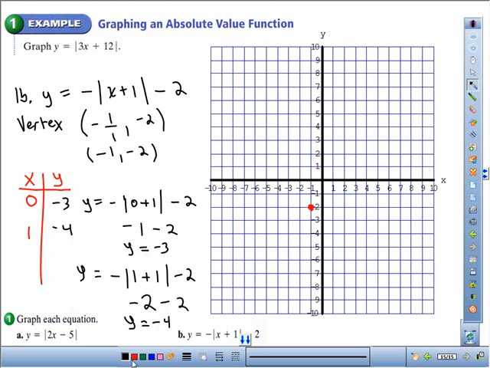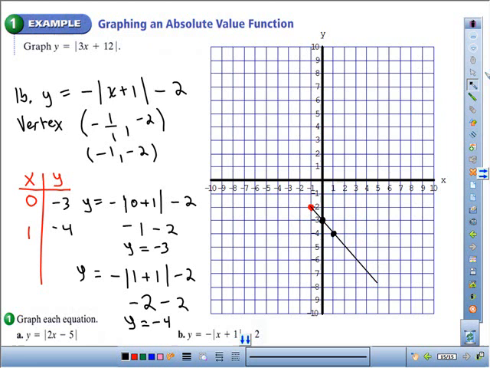Now let's plot the points. 0 and -3. So when x is 0, y is going to be -3. When x is 1, y is going to be -4. And then we're going to connect the points. There you go. You can get it.